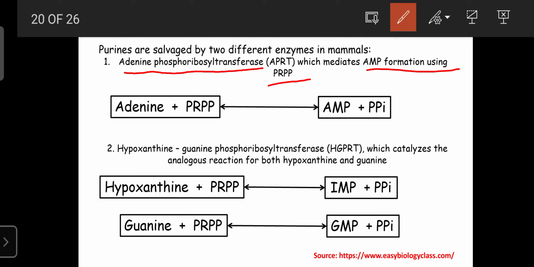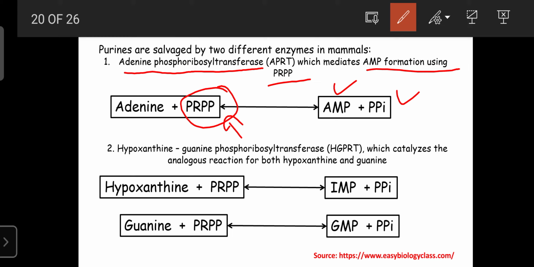This enzyme, APRT, converts adenine and PRPP into AMP and pyrophosphate. So adenosine monophosphate is formed directly from the intermediate compound PRPP in the presence of the enzyme adenine phosphoribosyl transferase, APRT. So this is the salvage pathway for purine synthesis.